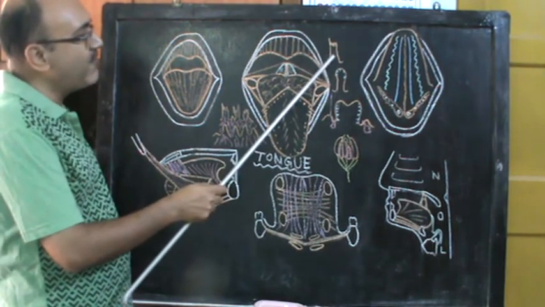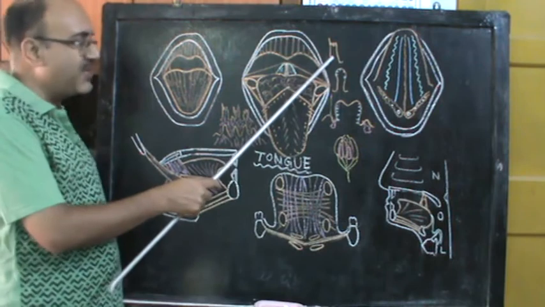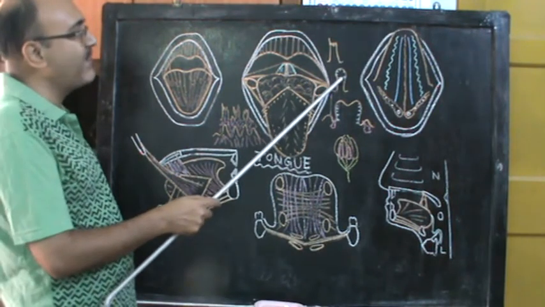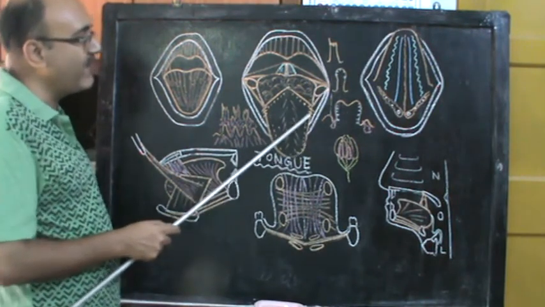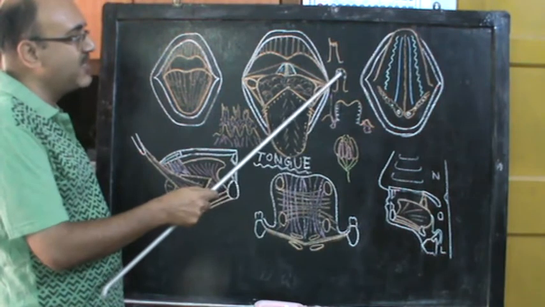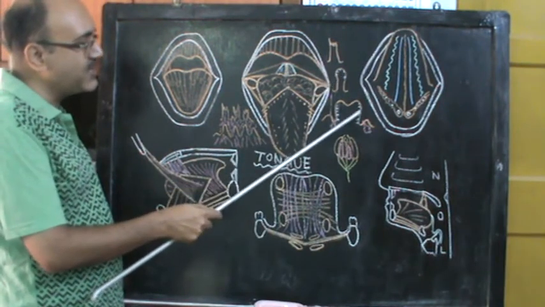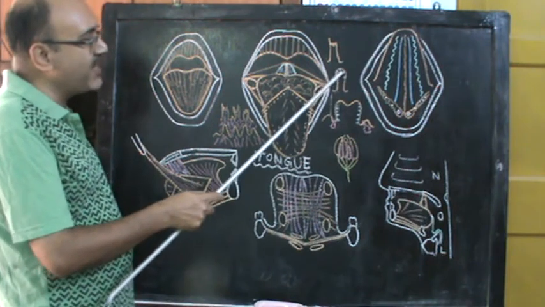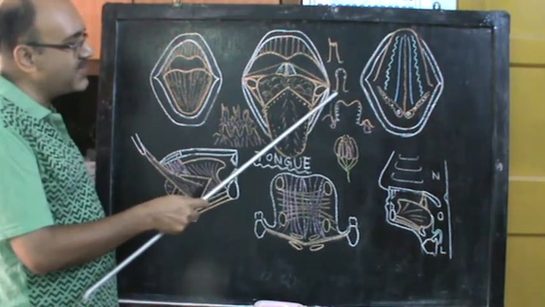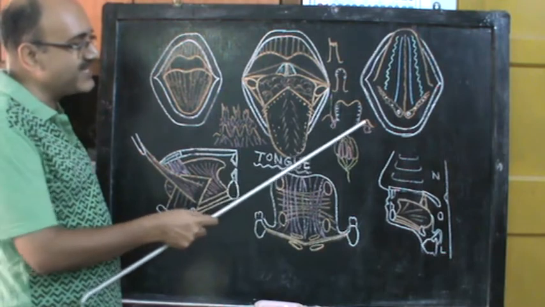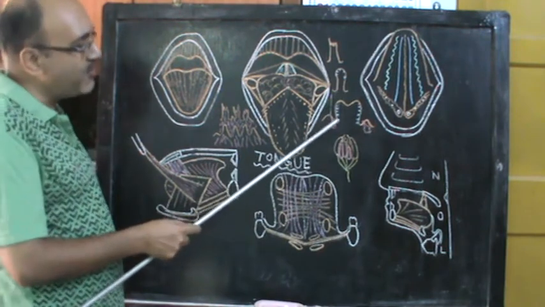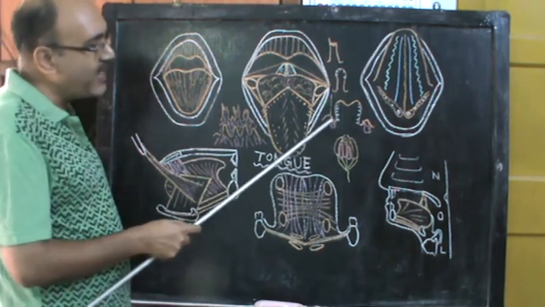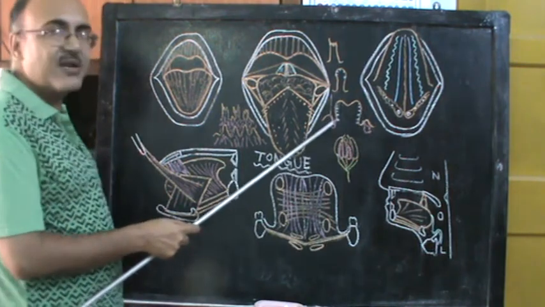Now these filiform papillae don't bear taste buds, but all the other papillae, that is the fungiform, circumvallate and foliate papillae, they bear taste buds. So you can see these small taste buds over here. And not only do these papillae contain the taste buds, the base of these papillae have certain seromucous glands, which is much more prominent in the vallum or the ditch of the circumvallate papillae.